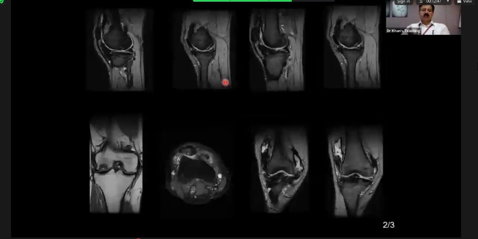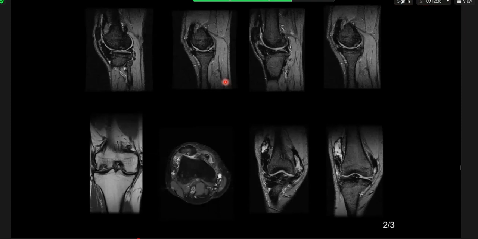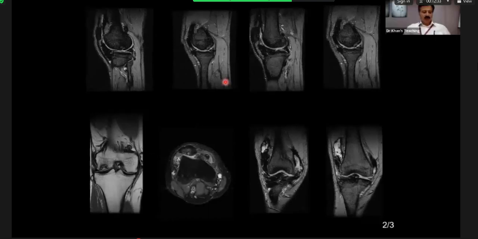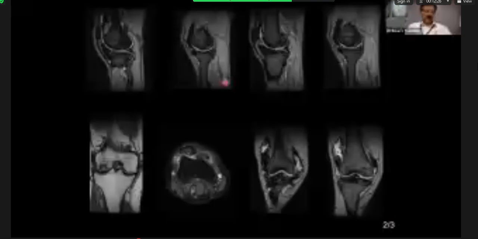What is your finding? Just one big finding I want you to tell me because of the time factor. There's low signal synovial proliferation. So this is what we call hemosiderin, right?